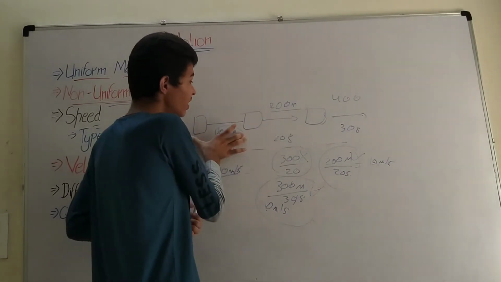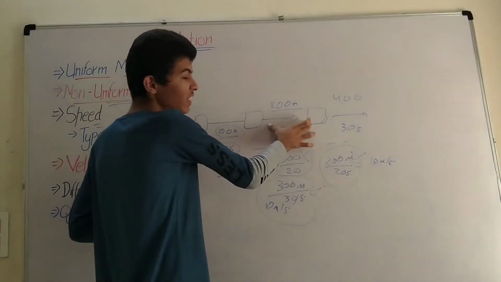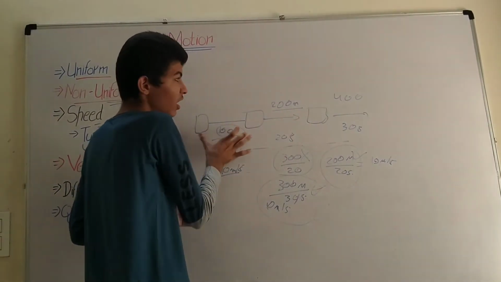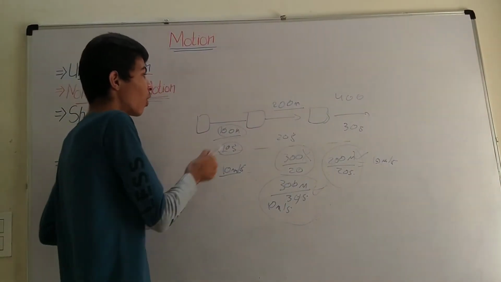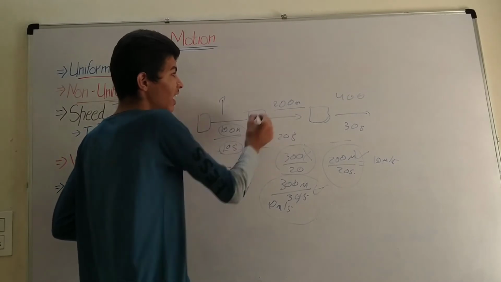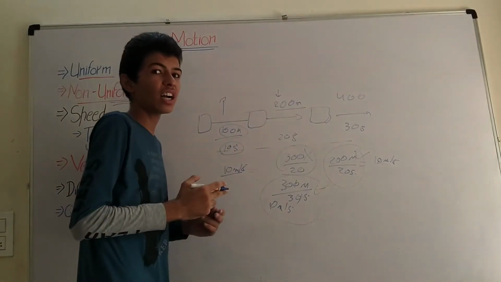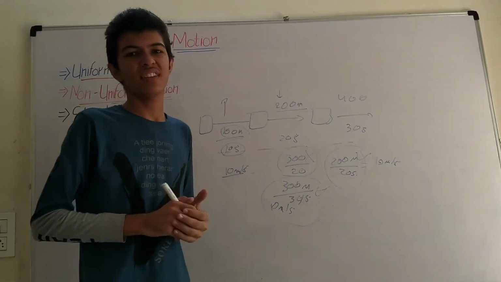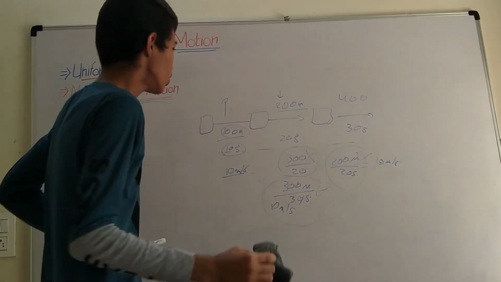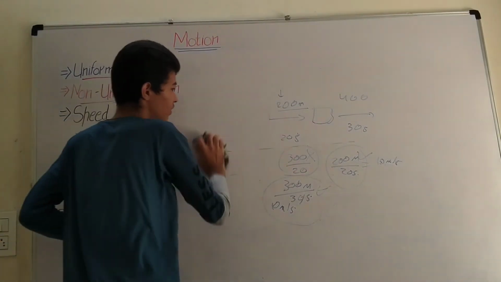It has covered equal distances, or it was moving with a uniform speed here and here, so the answer came out equal. But if the speed was higher here and lower here, then the answer may vary. So you have to decide based upon what the question is saying. So these were about speed.